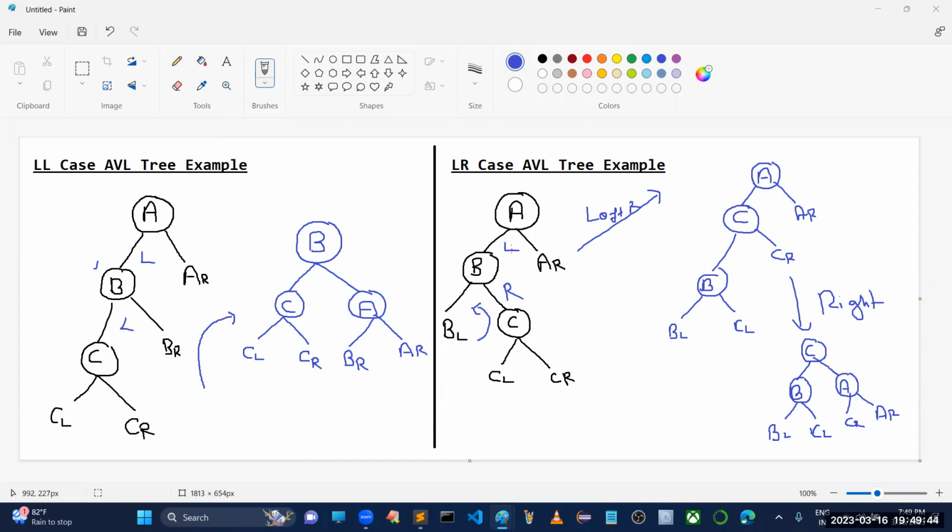The LR case, this one. First we have to do left rotation. Left rotation means, with respect to the newly added element, you have to do left rotation. That means C will come here and B will come under the left subtree. Just keeping the pivot point and rotating, that's all. C will move here and B will come like this. This is called left rotation. So this is the style.